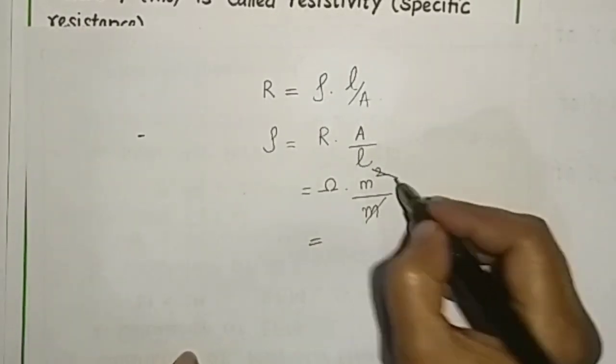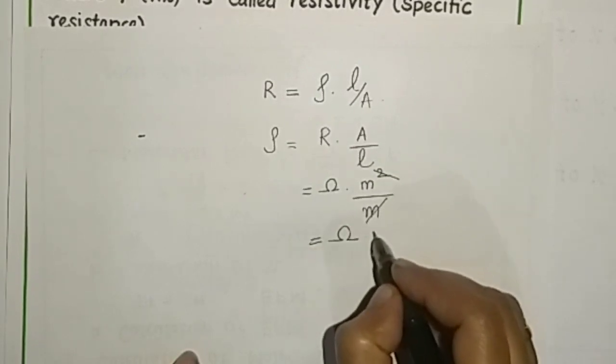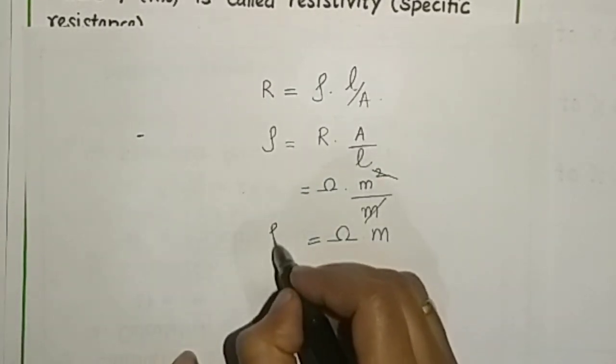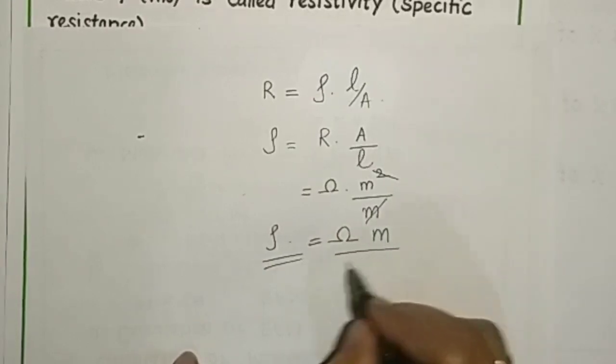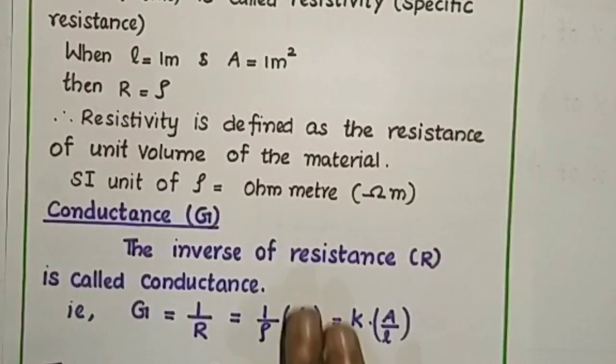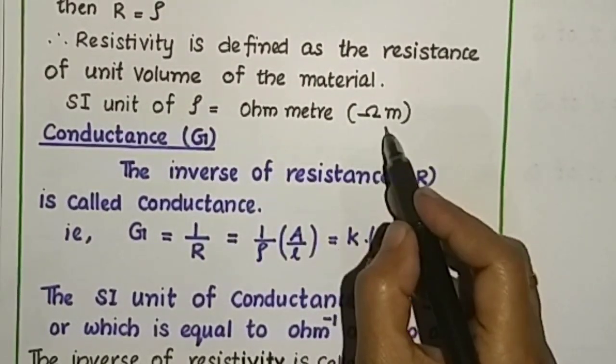Then meter and meter square cancel, giving ohm meter. The unit of rho is ohm meter.